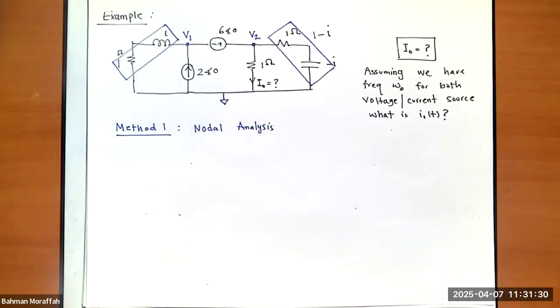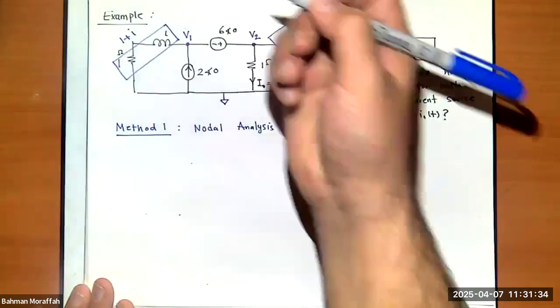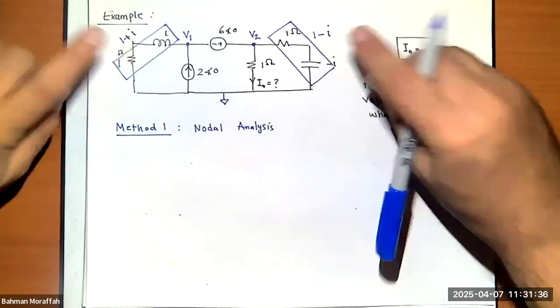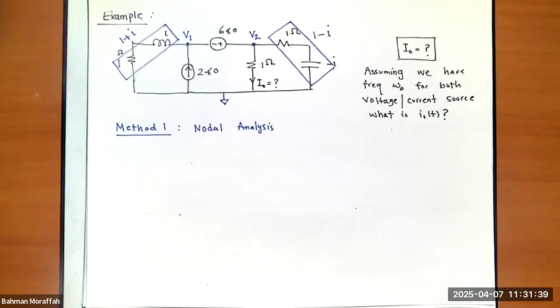Again, the same thing. They're in series, so I can add them up. So it's 1 plus i. So instead of considering two nodes over here, I can combine them. What I'm claiming is that as soon as I know V2, I know I0. And I don't really have to worry about anything else. I don't have to solve for V1.